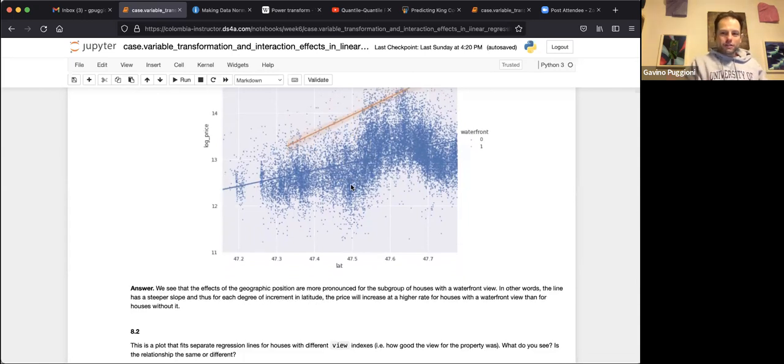Now, in order to fully interpret this, you should really get a map of Seattle and actually do a spatial type of analysis, which requires more sophisticated methods, but also really look at, okay, where are the houses that have a waterfront view? And then think in those terms.